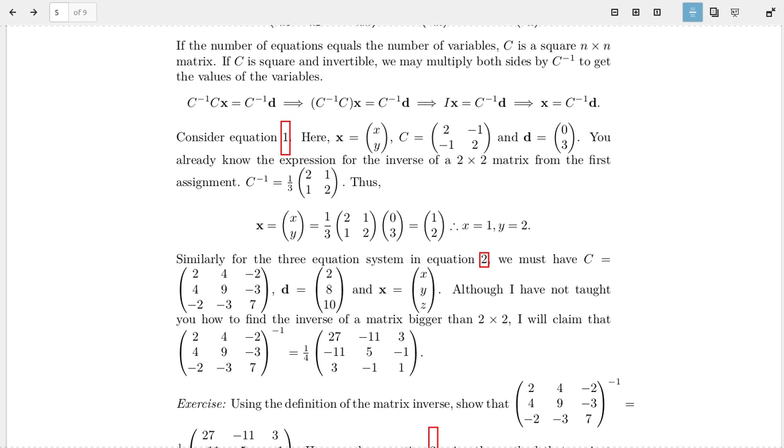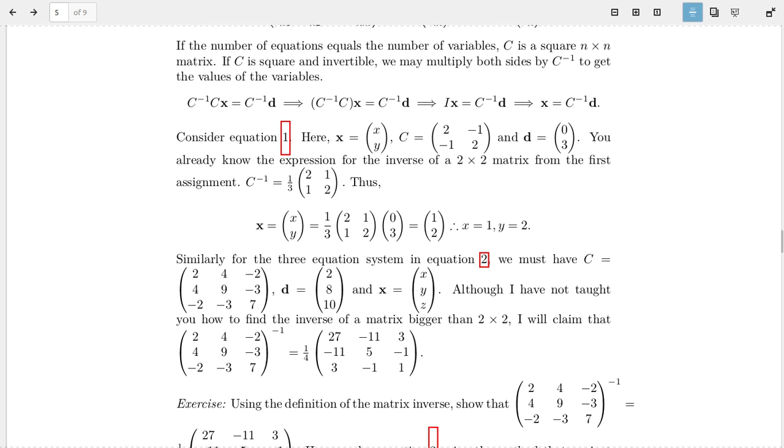Now, similarly, for the three-equation system, you could write the coefficient matrix C like this. This is the coefficient of x in the first equation, the coefficient of y in the first equation, 4 is the coefficient of y in the first equation, minus 2 is the coefficient of z in the first equation. 4 is the coefficient of x in the second equation, 9 the coefficient of y in the second equation, and minus 3 the coefficient of z in the second equation, and so on.